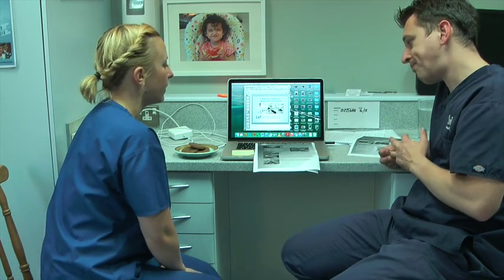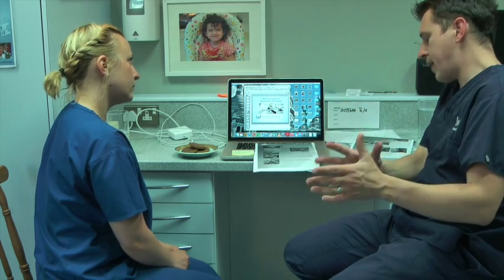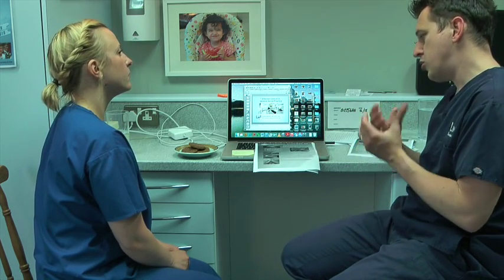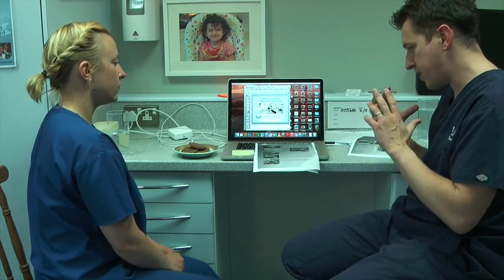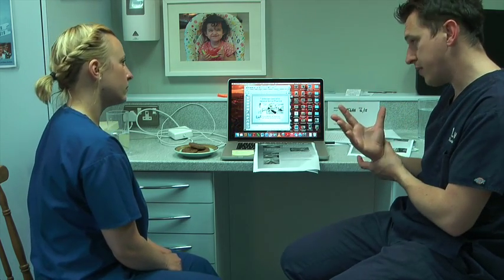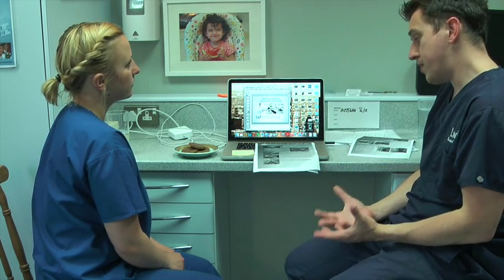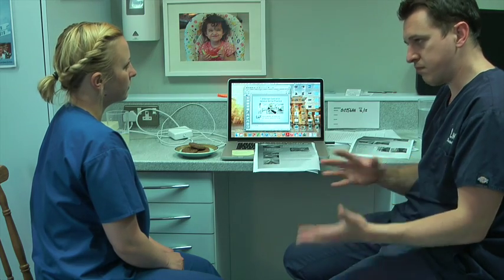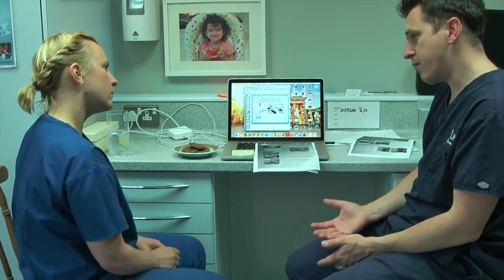So when the dirty boxes come from the clinical area into the decontamination room, wash your hands and don your PPE. Put your apron on first, then your mask, visor, gloves, and then your heavy duty gloves over the top. Then you've got your PPE ready, you go and clean the instruments, making sure that all the GIC or blood or whatever's on the instruments is removed.